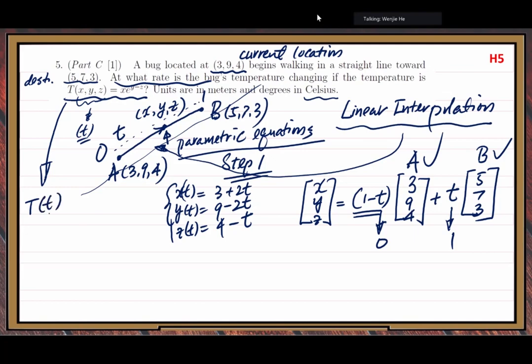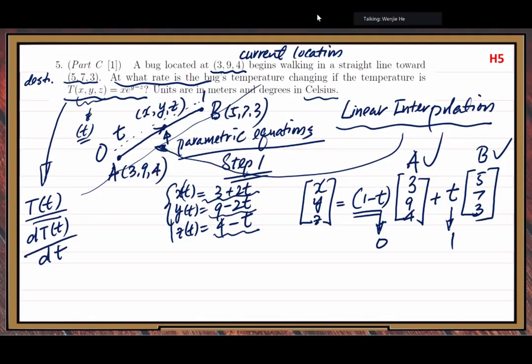If you replace x by 3 plus 2t, y by 9 minus 2t, z by 4 minus t, you get a capital T of little t function. So to calculate the rate of change, we need to calculate dT over dt.